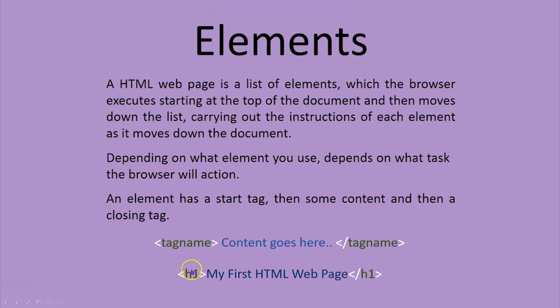So, we'd have the H1 opening tag, then my first HTML web page, which is the content, but what we want to call the header is exactly written here, and then we'd use an H1 closing tag to say this is the end of the element. So the browser will take the H1 tag and say, okay, you want to call this your header. Take the header name, which will be my first HTML web page, and display that as your main header across the top.